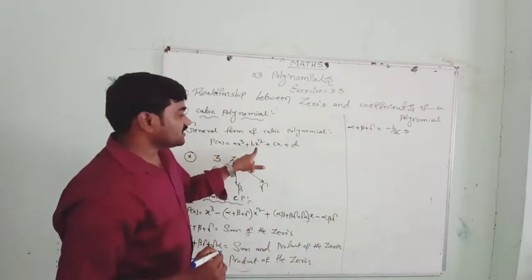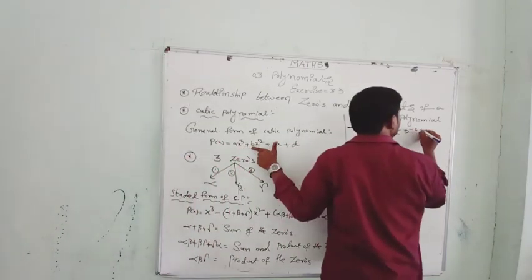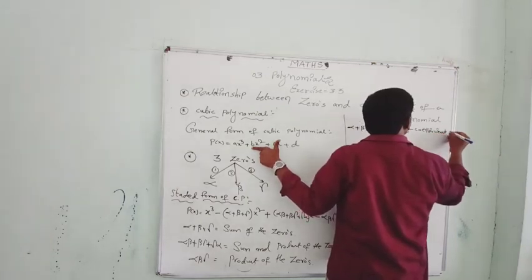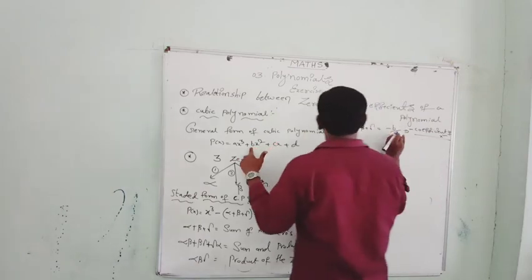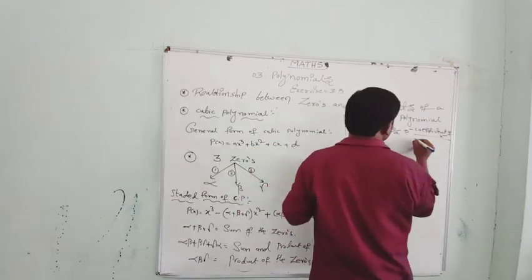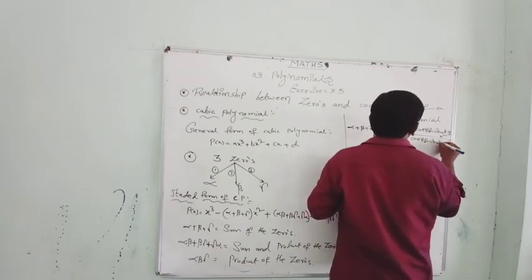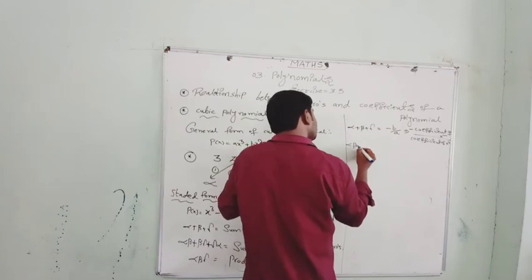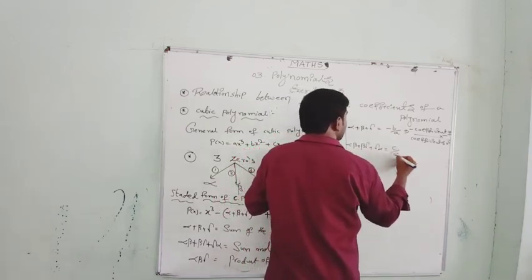Here b is the coefficient of x square, and a is the coefficient of x cube. Then alpha beta plus beta gamma plus gamma alpha equals c by a.